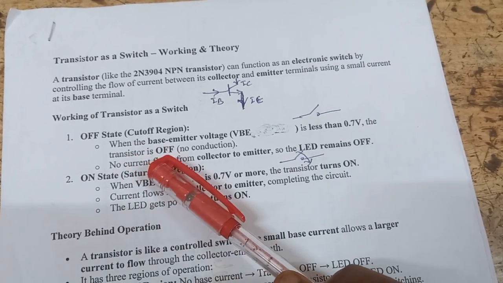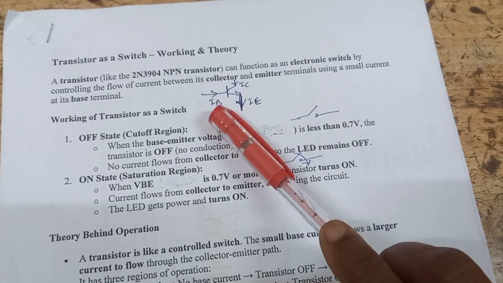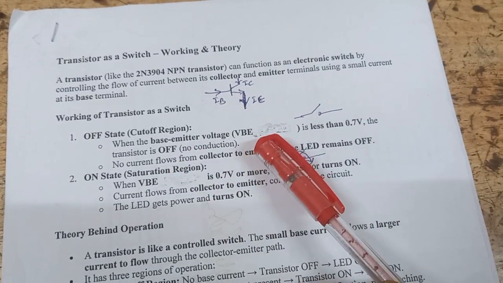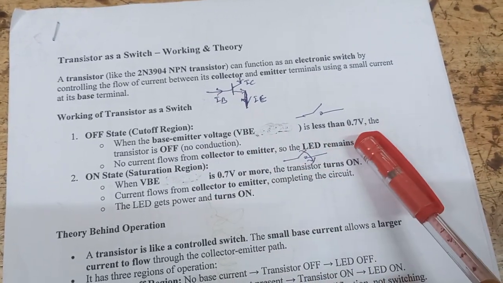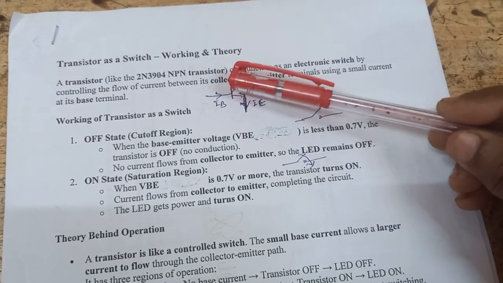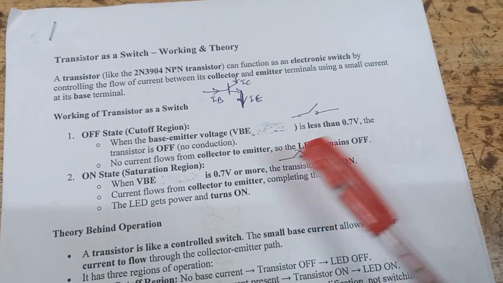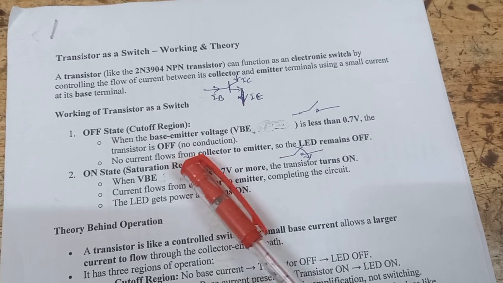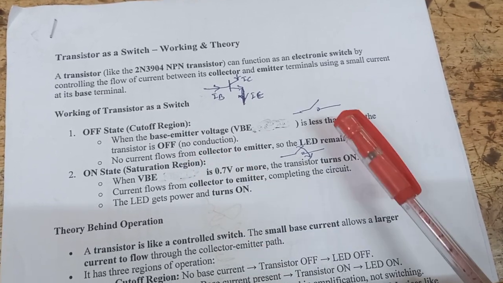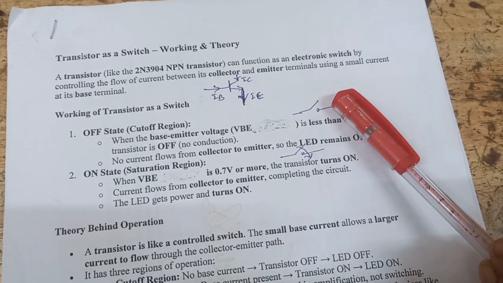In the off state, when the base-emitter voltage is less than 0.7 volts, the transistor is in off condition. There is no conduction, and the transistor acts as an open switch.